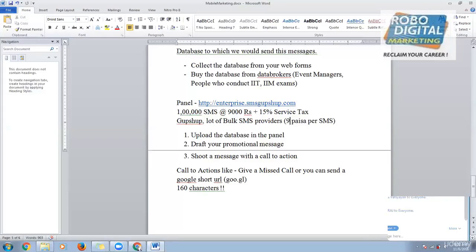When you go to the panel, you upload the database, that means all the mobile numbers, then draft your promotional message and shoot a message with a call to action, like give us a missed call, or send them a short code by Google of your website.